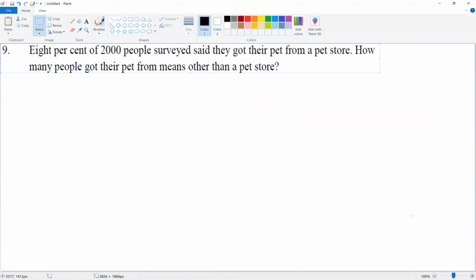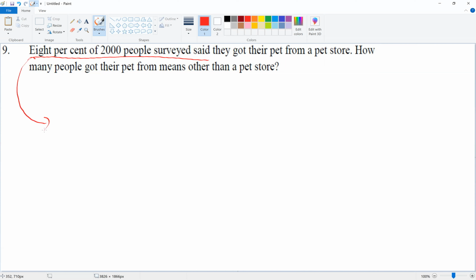Number 9, Neil. The 8% of 200 people surveyed said they got a pet from a pet store. How many people got their pet from other than a pet store? Is it 200 or 2000? It's 2,000. Okay, so what did you do? So 2,000 divided by 100.